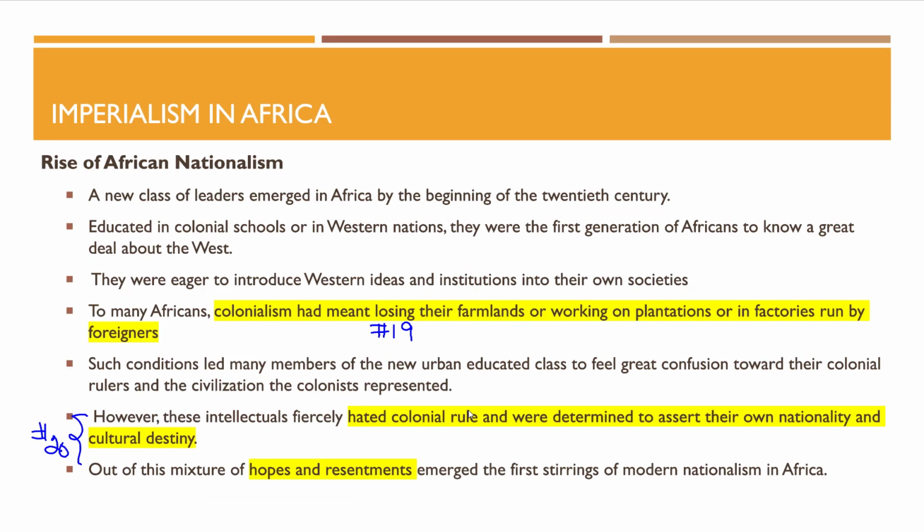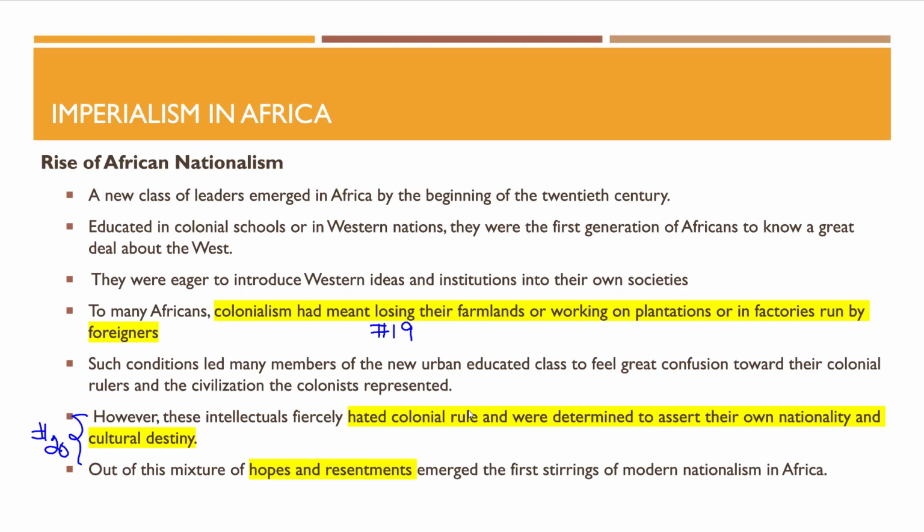Of course, many of the Africans in Africa are going to be upset with colonization, because in colonization, imperialism, right? They're losing their farmlands, they're losing their territory, they're losing their land. They're working on plantations for next to nothing, or no money whatsoever.